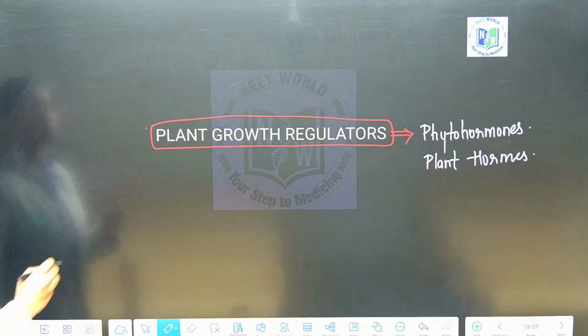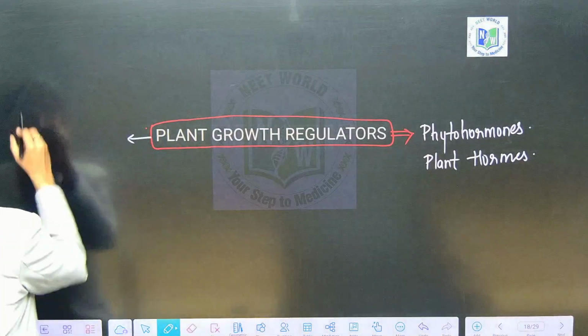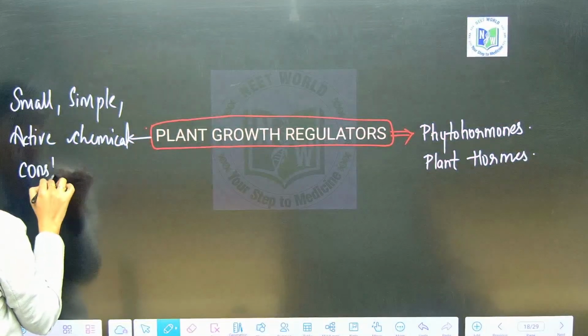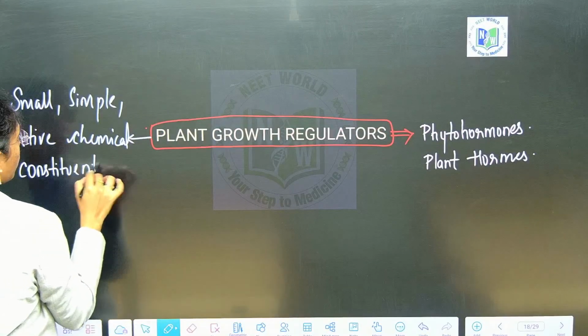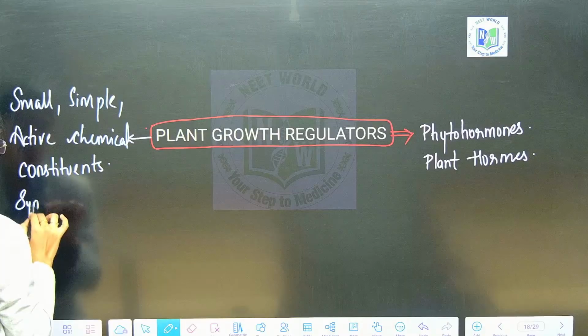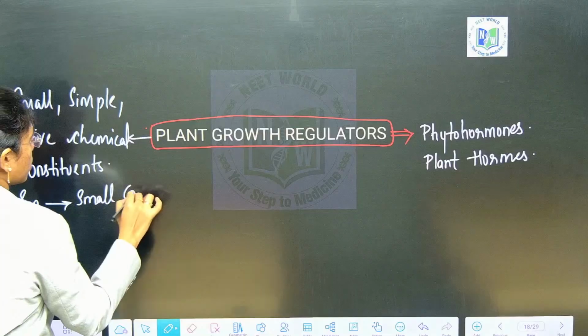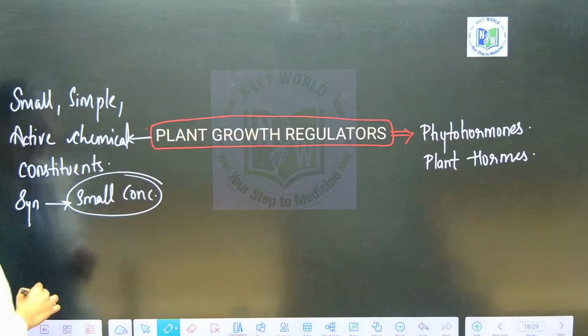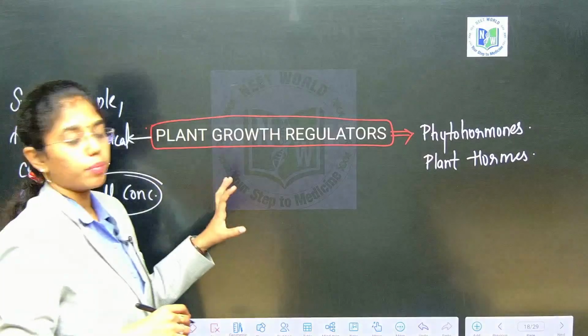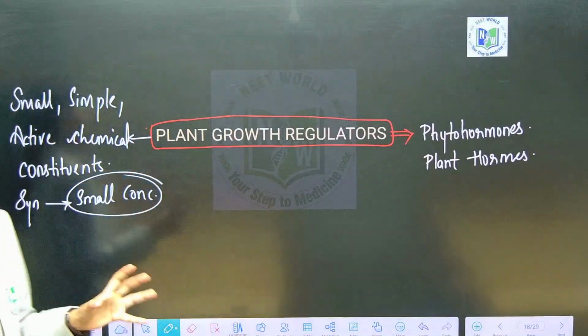Okay, these are small simple active chemical components or chemical constituents synthesized in small concentration and given out to any other part of the plant body. Their mode of action can be anywhere in the plant body.